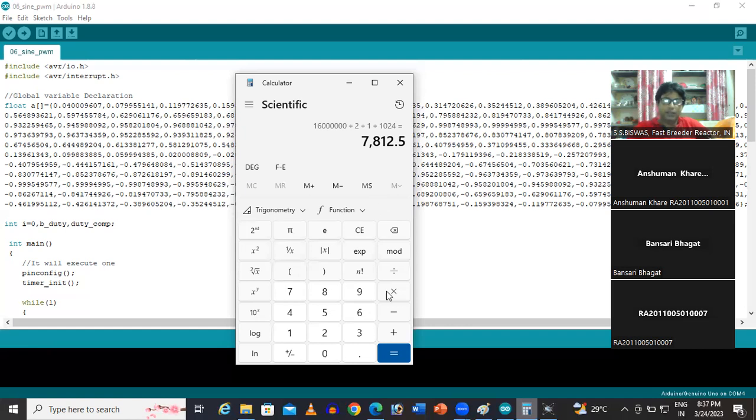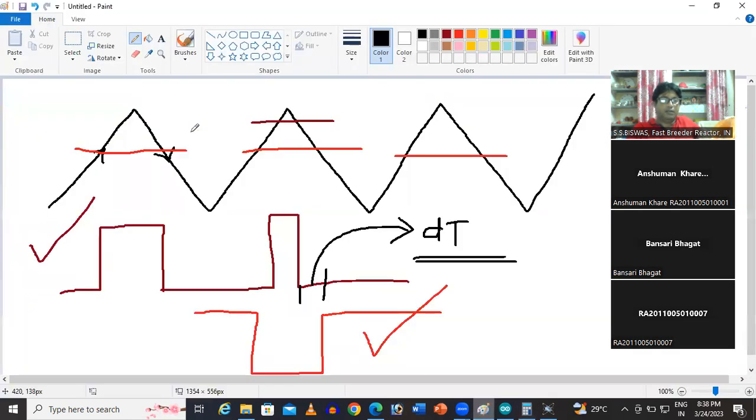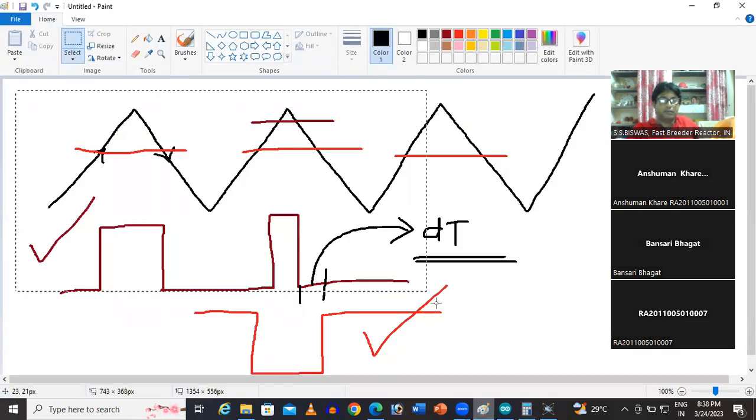It is very simple. You divide it by 50 Hertz. So it is around 156. So this 360 degree is divided by 156. That means in this array, 156 sine elements are there.